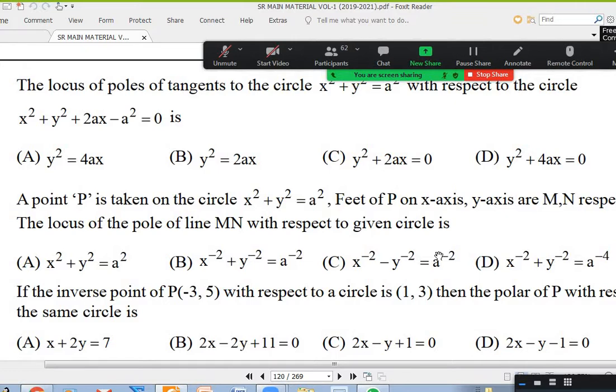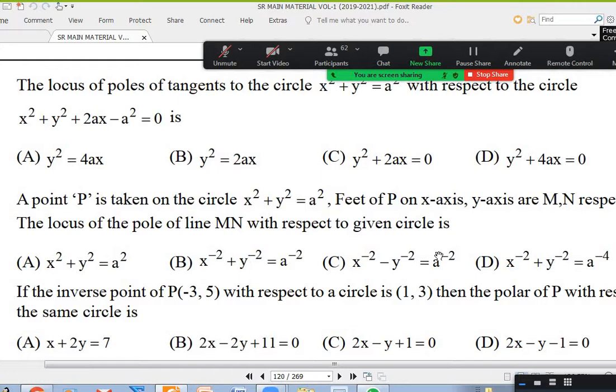Okay, 85, what is it? x squared plus y squared equals a squared is a circle.